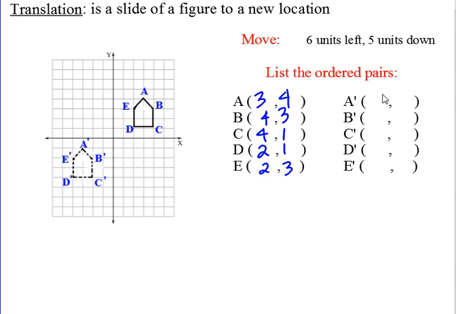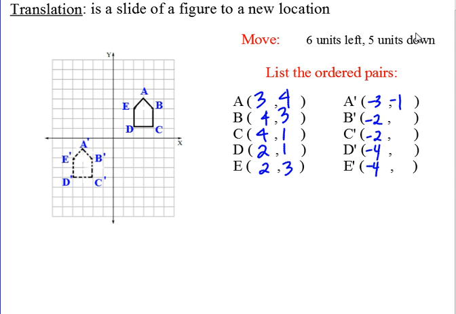Now let's list the ordered pairs for A prime. If we just sit here and count, we can see -3, -1. But we can do a little bit of math, because since we know it's 6 units to the left, left would be minus. So 3 take away 6 is -3. 4 take away 6 is -2. 2 take away 6 would be -4.